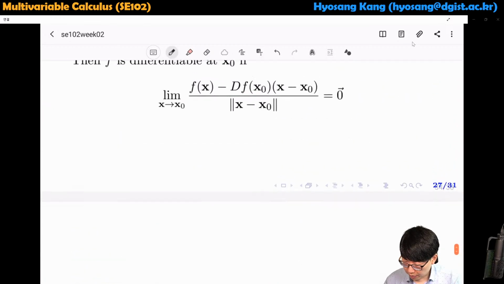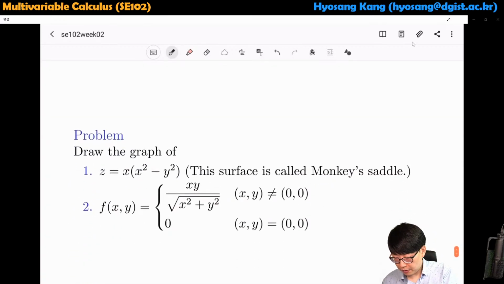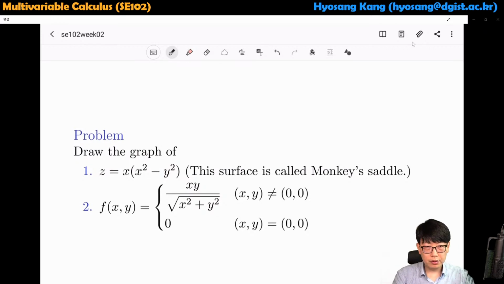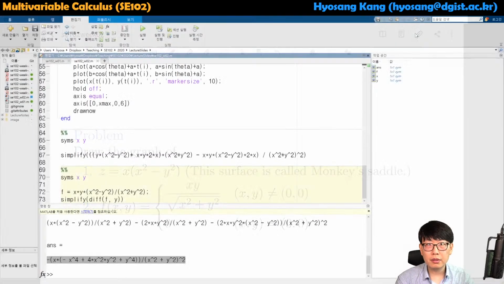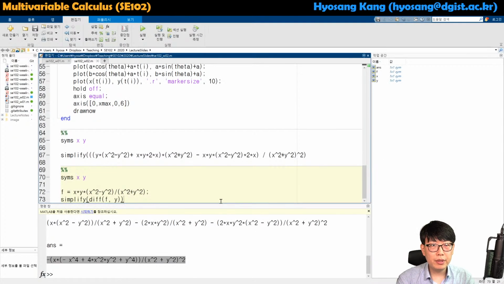Okay, so problem 1: draw the graph of these two functions. I think it's not hard, actually. We've done some of the graphing in the previous lecture. So let me do the first one.